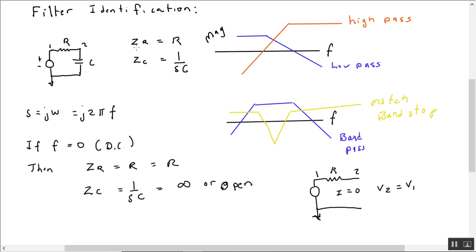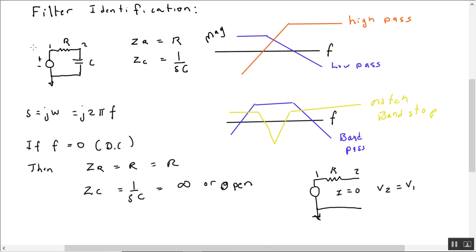So really, we're just going to find 2 points on this curve, very close to zero frequency and infinite frequency. And if it's high then low in terms of frequency, it'll be a low pass. If it's low then passes the high, it'll be a high pass.